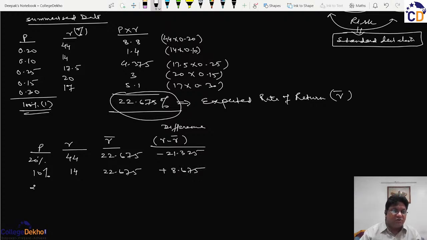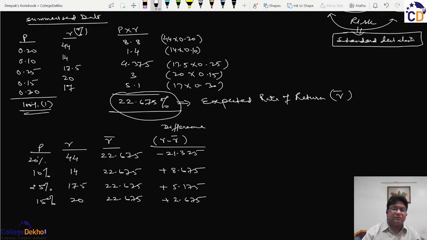Similarly, there is a 25% probability that you anticipated 17.5%, but you are going to get 22.675. That is an increase of 5.175%. And there is a 15% probability that you anticipated 20% and you will get 22.675%. That is an increase of 2.675%.